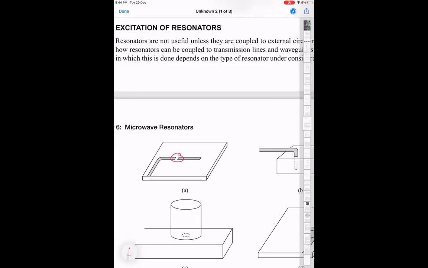And then finally, I want to show that these ideas of a two-dimensional planar resonator and this three-dimensional cavity are actually a continuous spectrum.